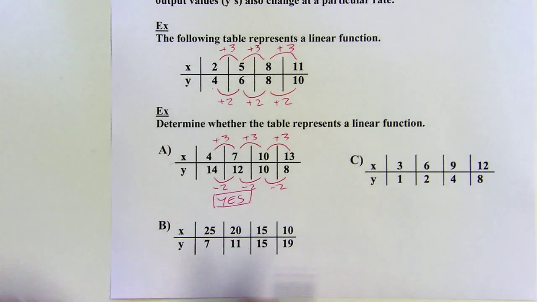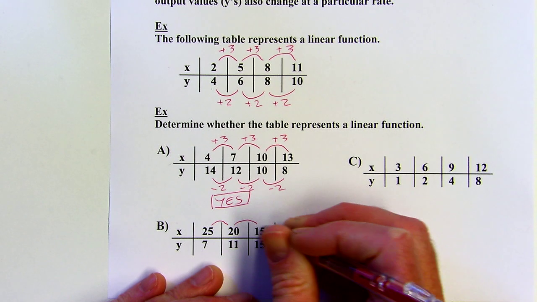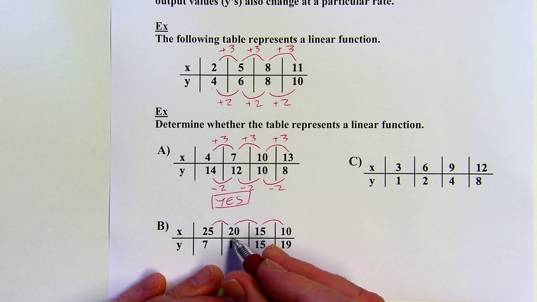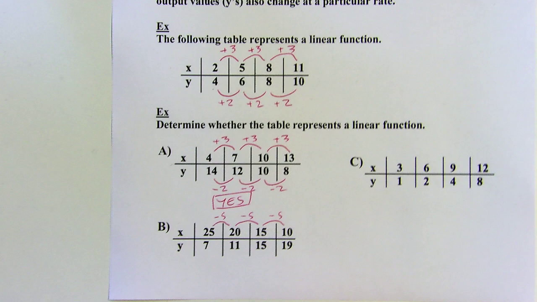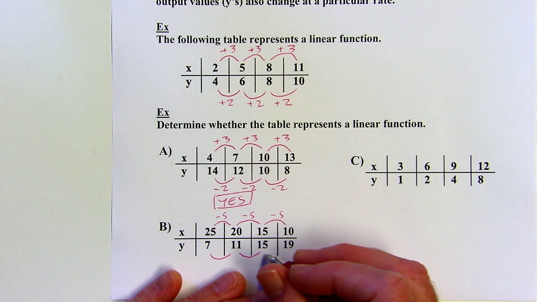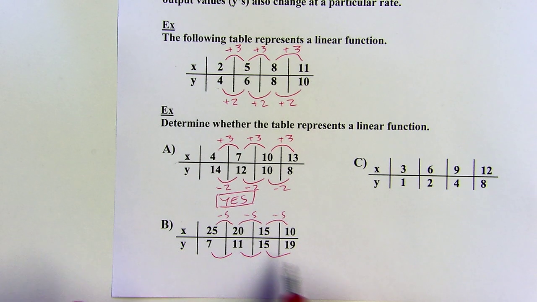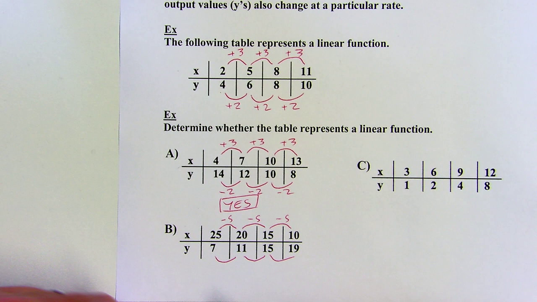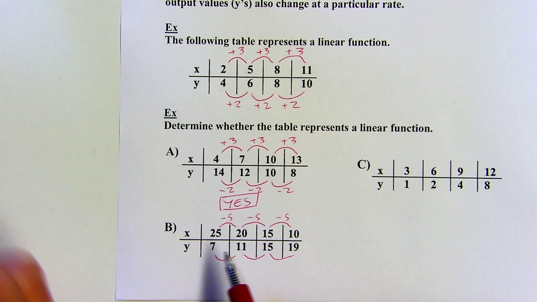Okay. Part B, let's try this out. For my x's, it's going down by 5s, right? I'm subtracting 5 to get from x to x. Looking at the y's, I'm going to be adding 4. This is called a difference because you could take any number like the 11 and subtract the previous number from it, and that would give you 4, right?